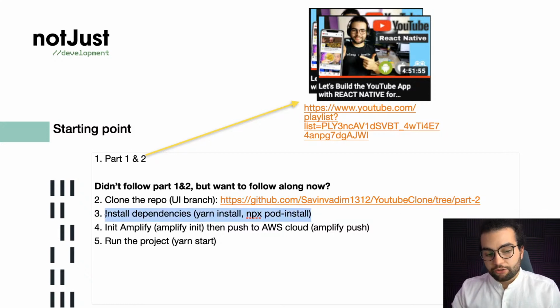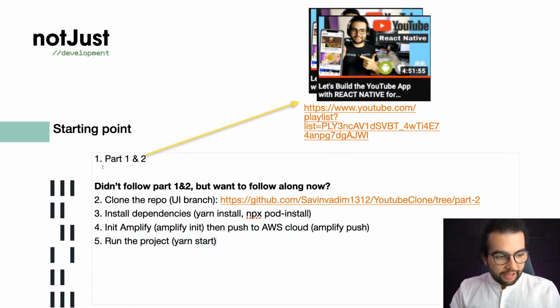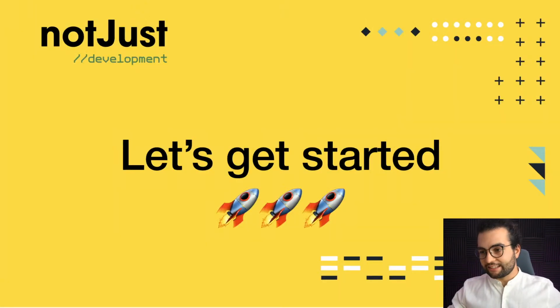After you clone it, you'll install the dependencies, you'll initialize the Amplify project, and then you'll push everything to the cloud to generate all the resources in the cloud, after which you will be able to run the project. And if you have done that, we are on the same page and we can get started.